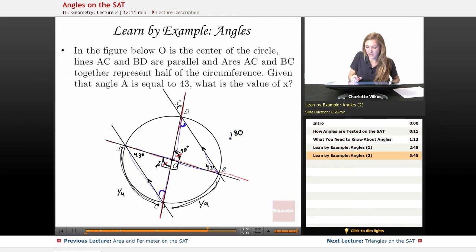in any triangle, all of the angles add up to 180. So 43 plus 90 plus, I can just call this blue angle, plus blue equals 180.